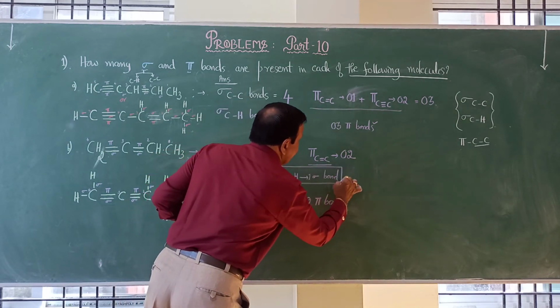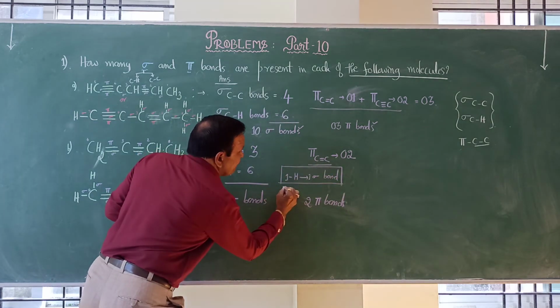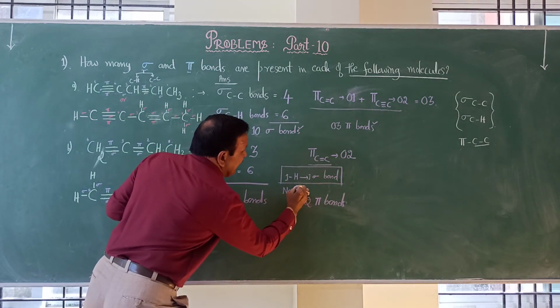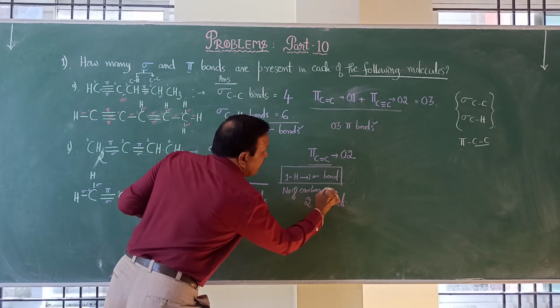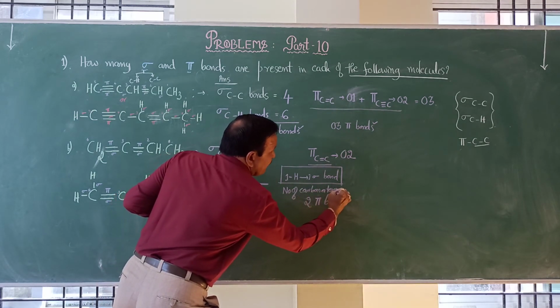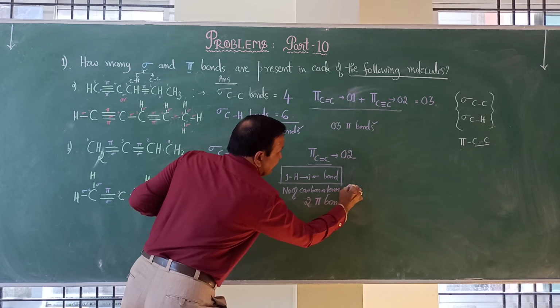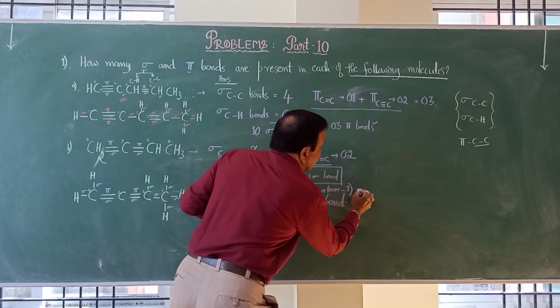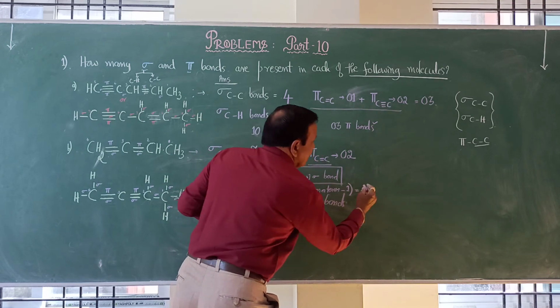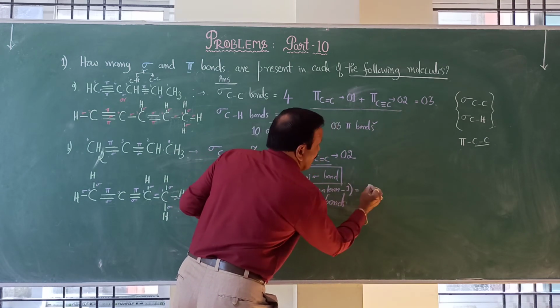And then the number of carbon atoms in the compound, minus 1, will give you the carbon-carbon sigma bonds.